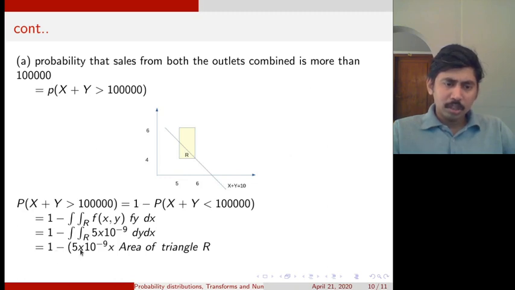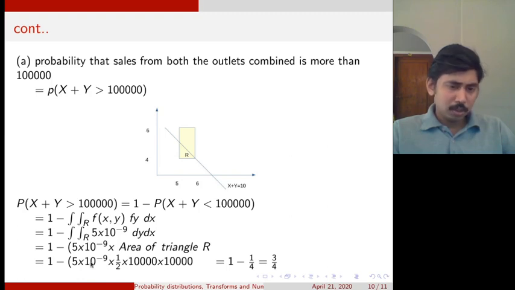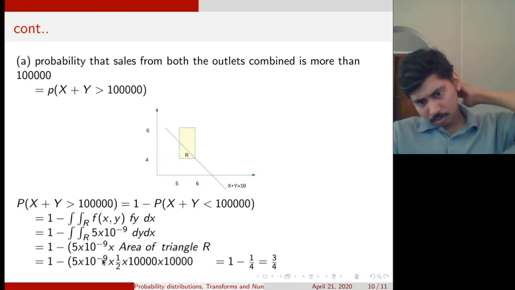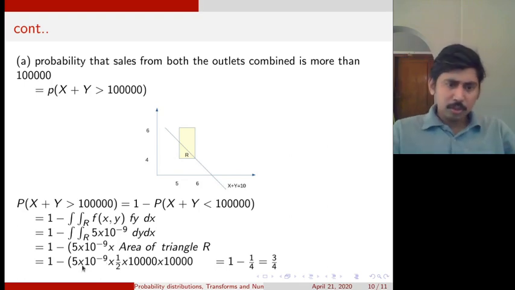Area of the triangle can be calculated by half b h, so that will be 1 minus 5 into 10 to the minus 9 into 1 by 2 into 10,000 into 10,000. The 10,000 and 10,000 cancel out with the 10 raised to minus 9, and it will be 5 into 10 divided by 2.